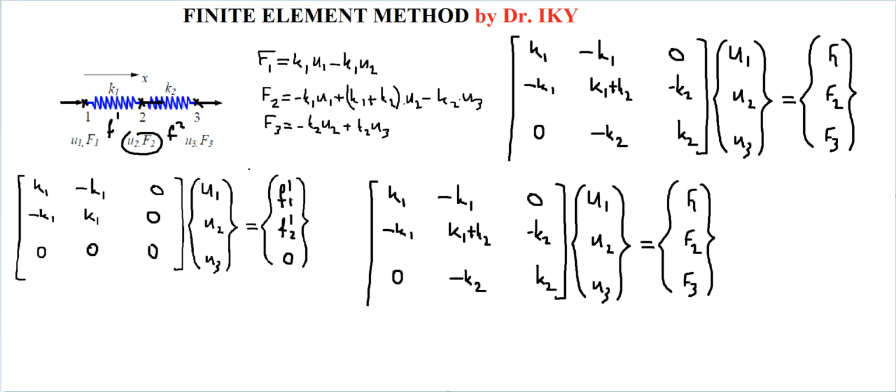This time I will change it, so I won't use the K ones. Let me write 0 instead of them, and change here also.